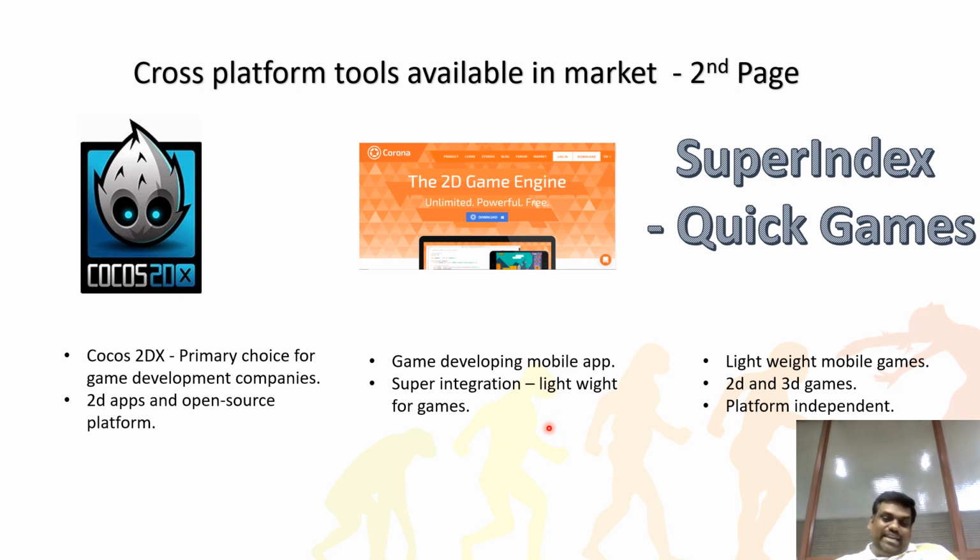Corona is a 2D game engine actually. It's for developing mobile game applications. The integration is awesome when you see this tool, right? It's a lightweight integration, lightweight coding for games. See, for games, the major thing is that games have richer content, richer look, rich operations, and quick results.